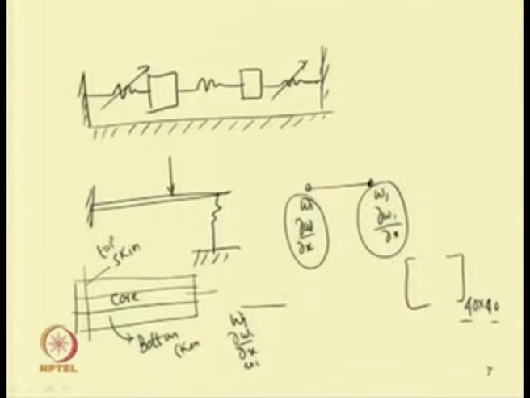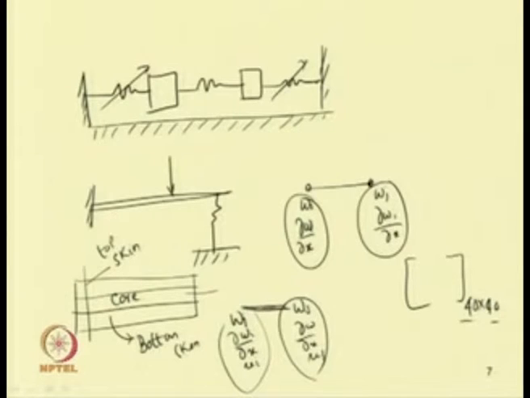Similarly, for the jth node one can take Wj, del W by del X or theta j, and Uj. So, for an element one can have 6 degrees of freedom, and taking the number of elements, it will be multiplied by this number and one can get an elemental matrix or the assembled matrix.